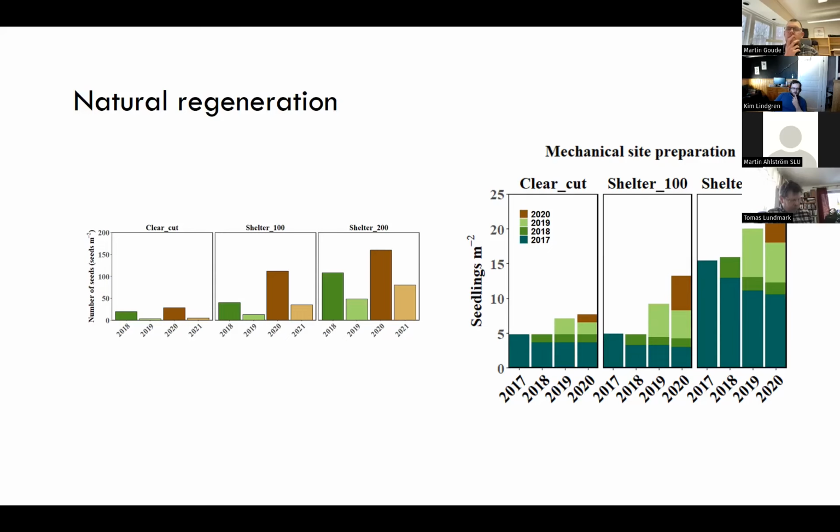One study supporting our hypothesis was done with rain shelter woods, where direct seeding was done out in the field in the open clear cut compared to under rain shelter woods. Basically, seeds that were sown under rain shelter woods didn't germinate during the first season. Then the second season, when the rain shelter was removed, the seeds germinated. So it's basically the same scenario as in our experiment.